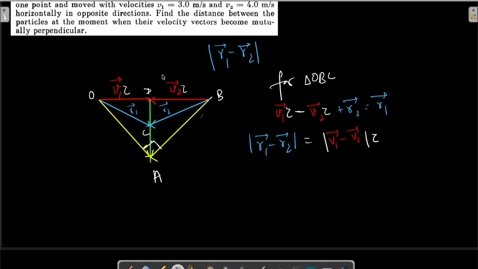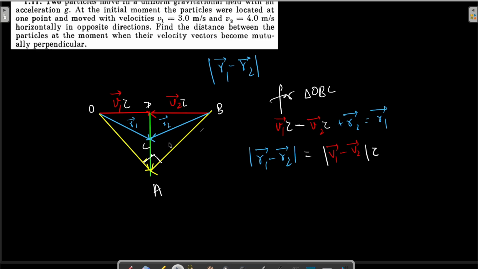Yeah, so if we apply the same thing, we have actually the same thing, just flipped downwards. See again, OAB is a right angle and we have these two angles 90 degrees.